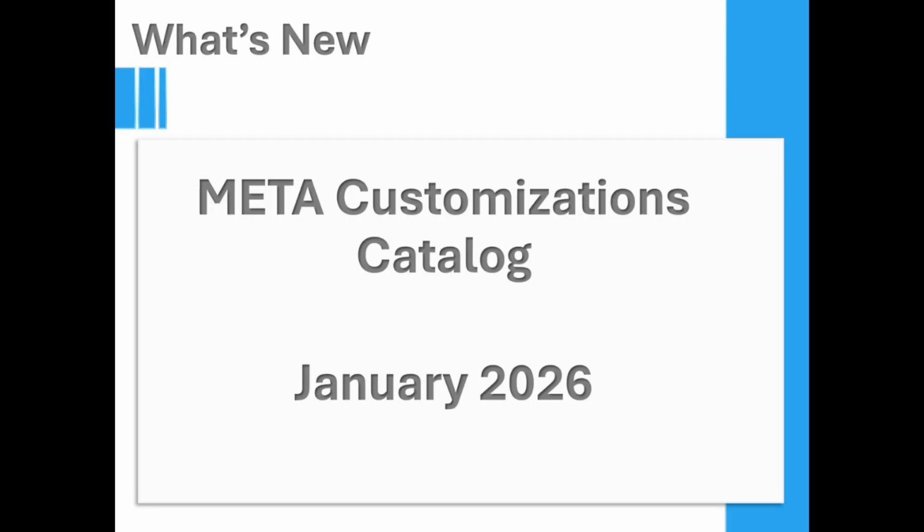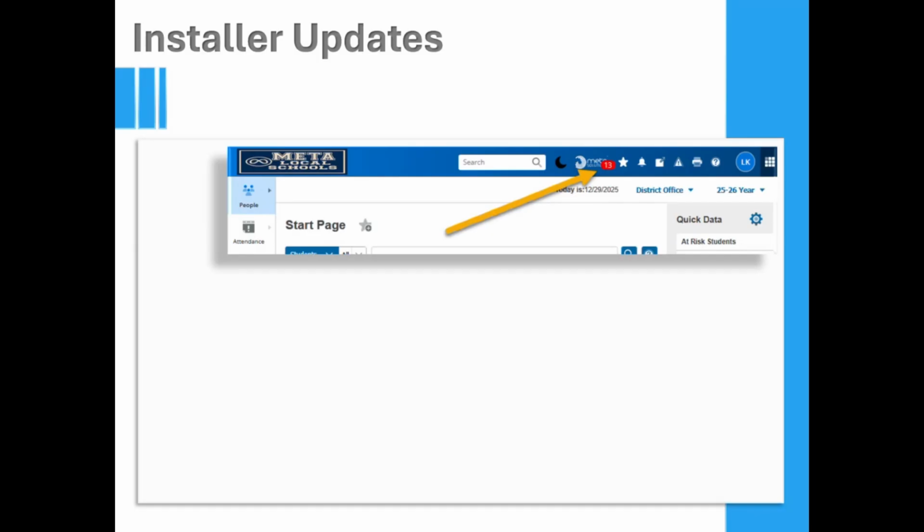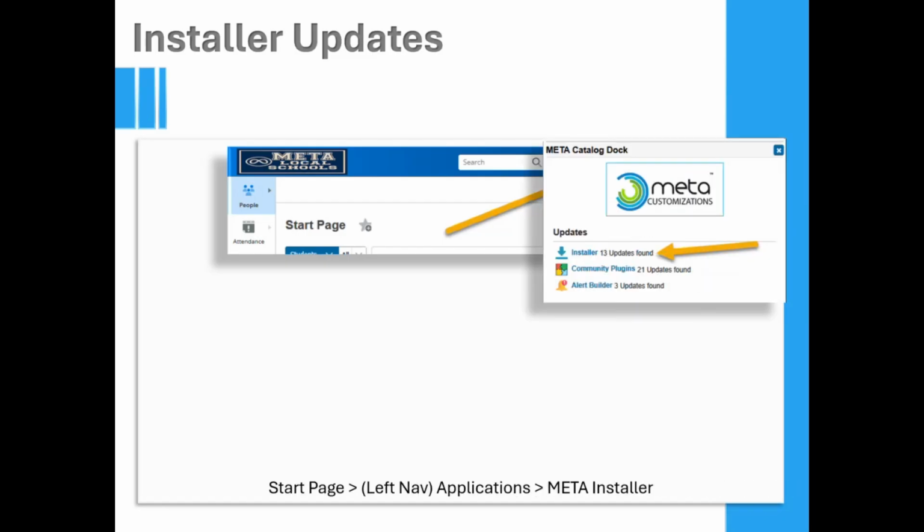Just a friendly reminder, when you are going into the catalog, into your server, if you see that Meta Solutions logo with the little red oval and it has a number in it, that means that you have updates to install. It's very easy to do. You can just click on that logo, and your Meta Catalog dock will slide out.